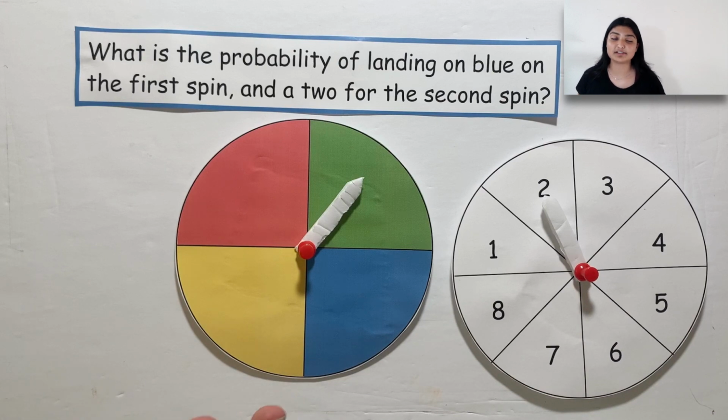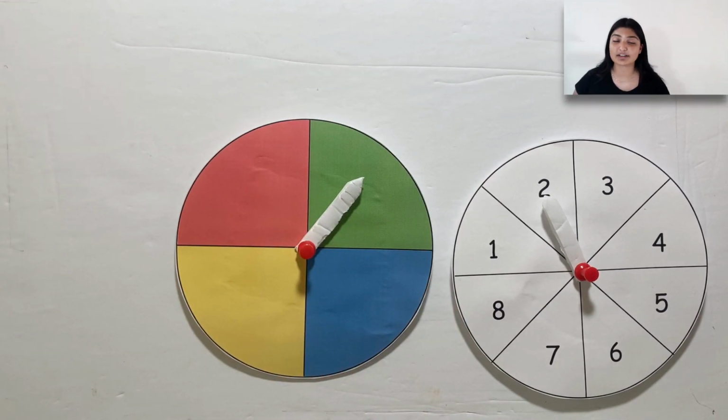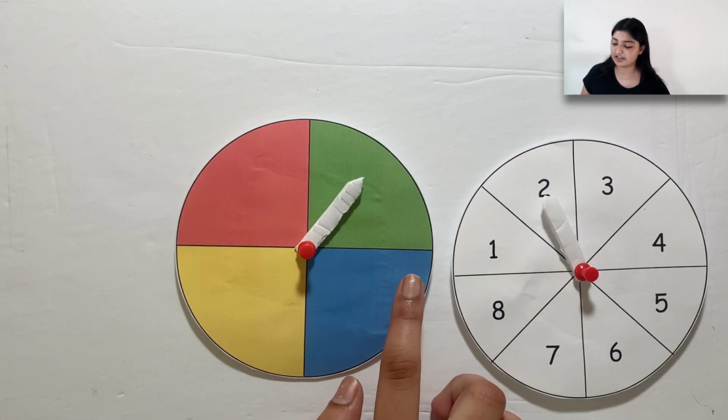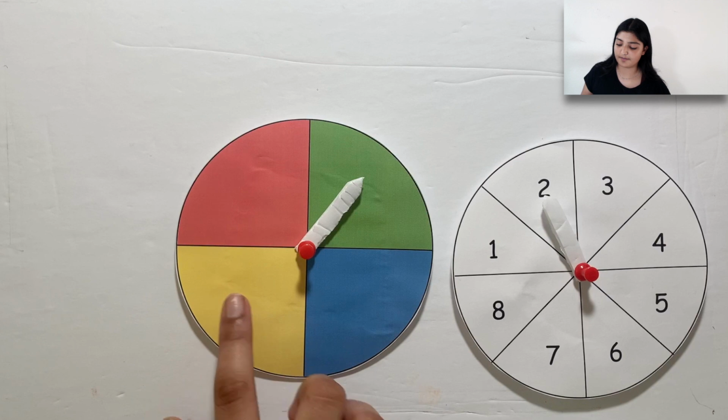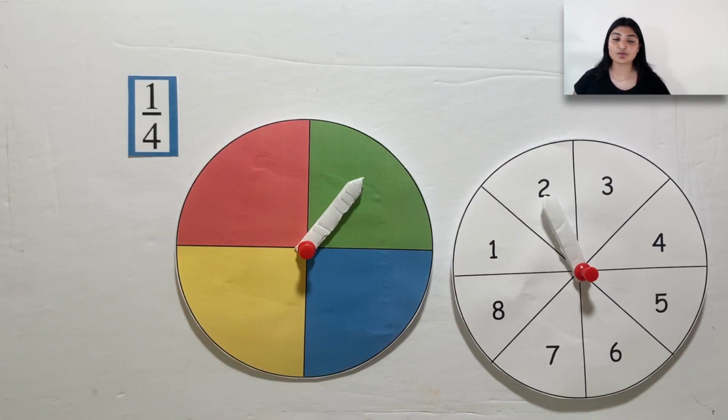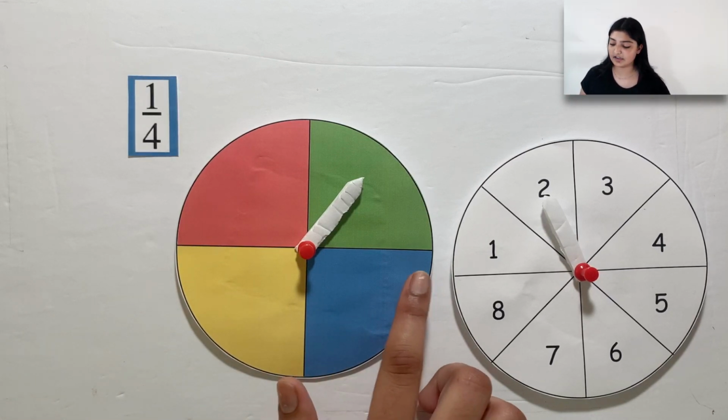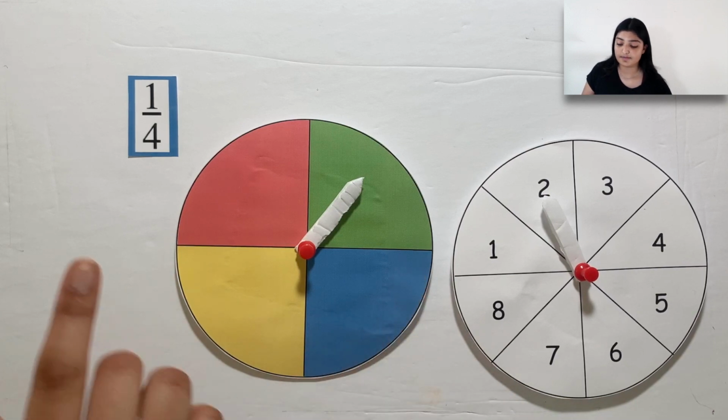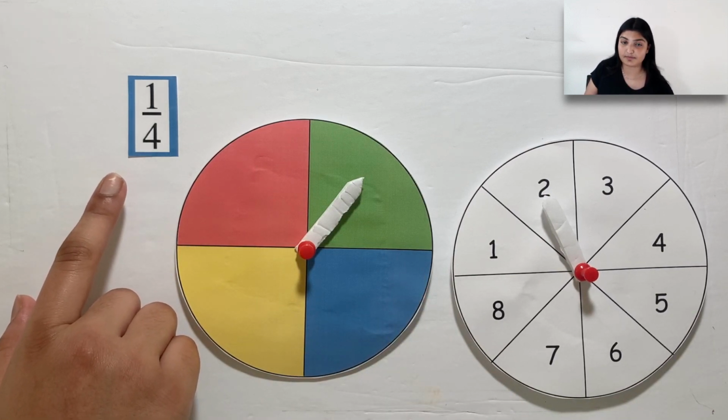To do this question, let's start by finding the chances of landing on blue on the first spin using this colored spinner. Similarly, as we've done before, we can see that there's one blue section out of a total of 4. So we know that the probability of landing on this blue section is 1/4.